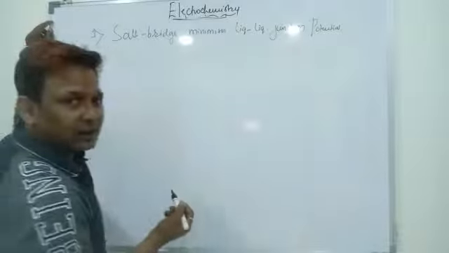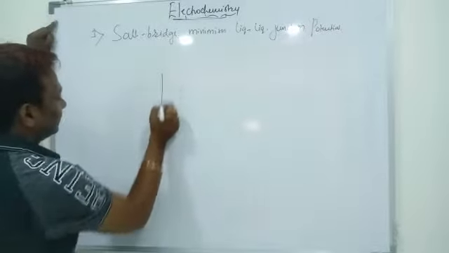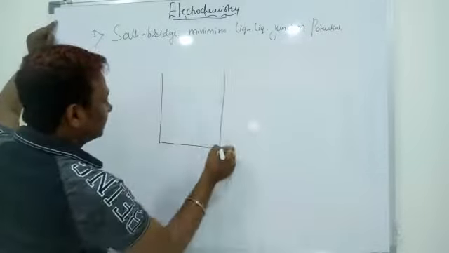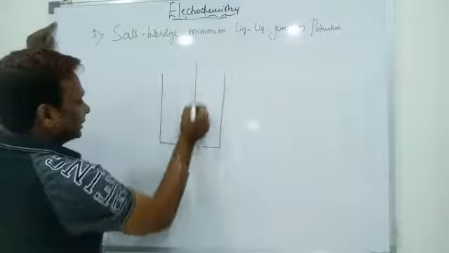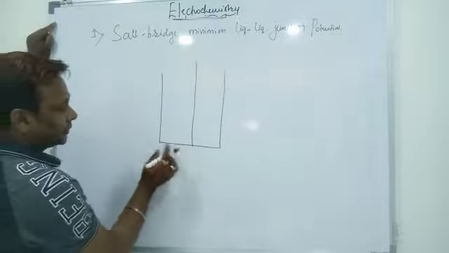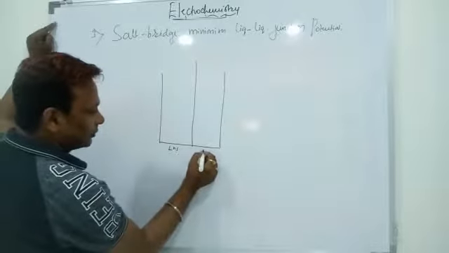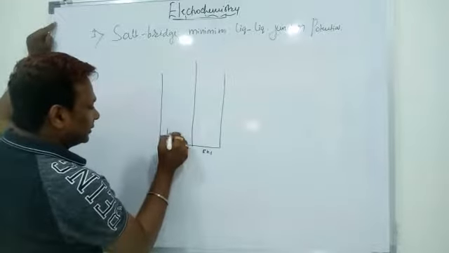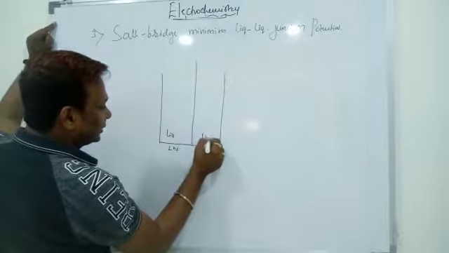Listen here. Let us consider it is one of the cells, and this cell is divided into two compartments, compartment LHS and compartment RHS. It will contain liquid, both will also contain liquid.